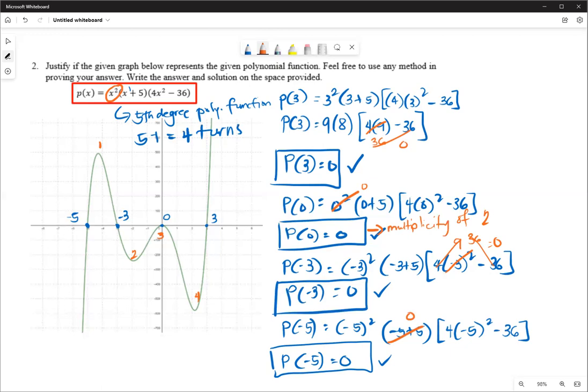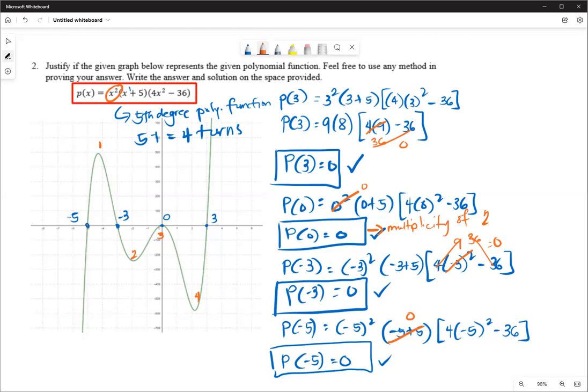And if we have a multiplicity of 2, what happens to the graph is that it will just touch the zero and then turn immediately. Unlike a regular degree 1 factor without multiplicity, with only 1 zero, all the graph has to do is pass through the given zero. But if it is a multiplicity of 2, it will stop and turn immediately.